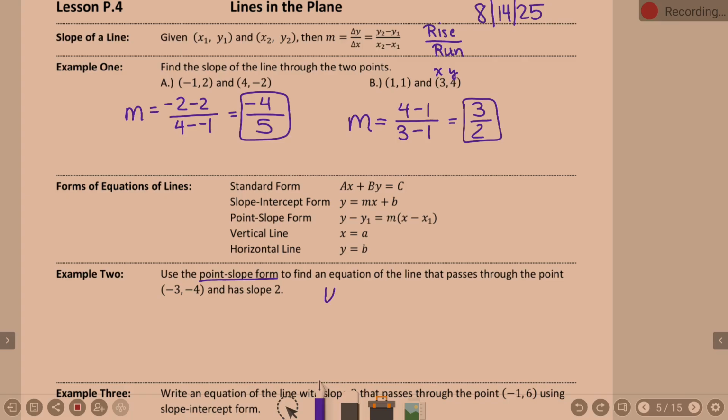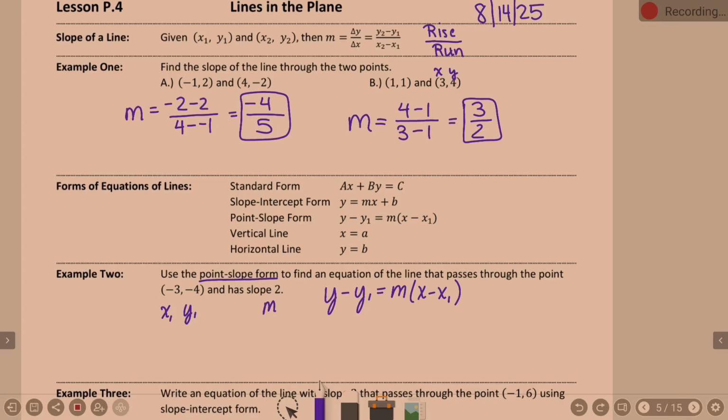Yeah. y minus y1 equals m times x minus x1. Now, what did they give me I can fill in? An x and a y. Okay, they gave me an x and a y. This x and the y they gave me are my x1 and my y1. The ordered pair always goes in for the x1, y1. And the slope is going to go in for m.